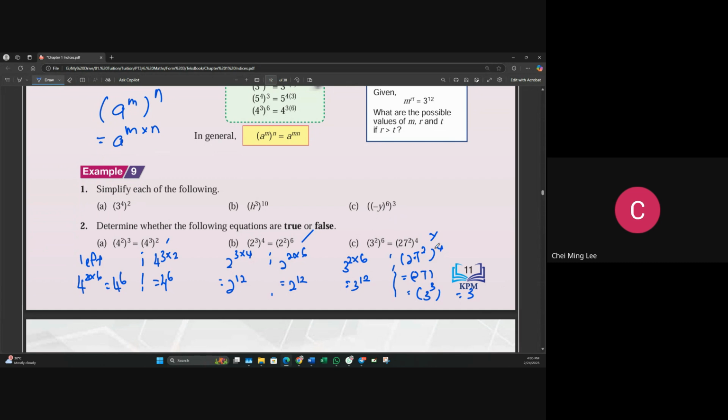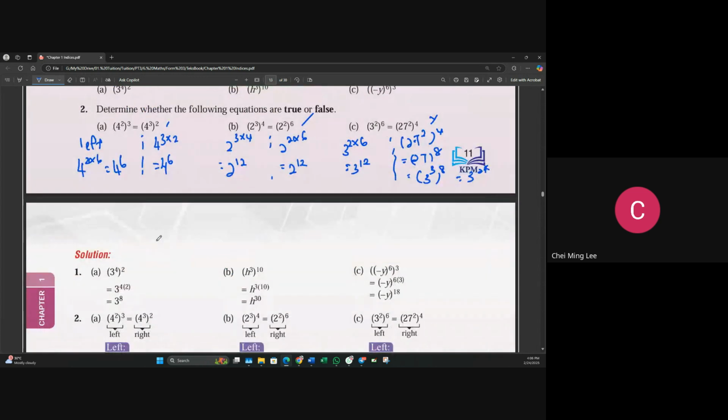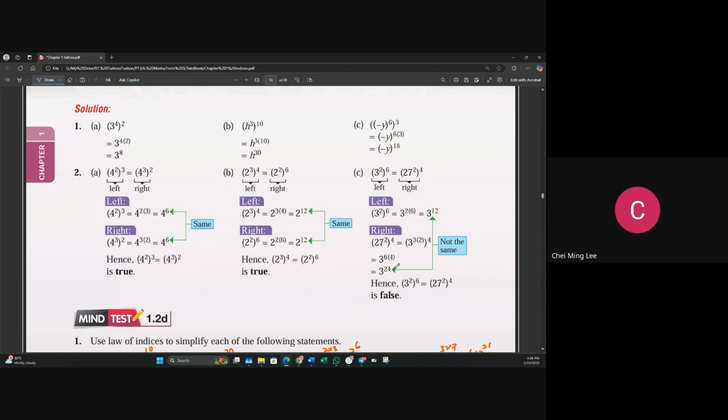Okay, this one is 2 times 4. So it's 27, 2 times 4, which is 8. And then 27, we can change it to 3 to the power of 3, power of 8. So 3 times 8, which is 24. So this one only 12, this one is 24. So it's different. So this is wrong. You understand? So when it says determine whether they are true or false, it means that normally you have to solve both sides. Okay? So this is how.